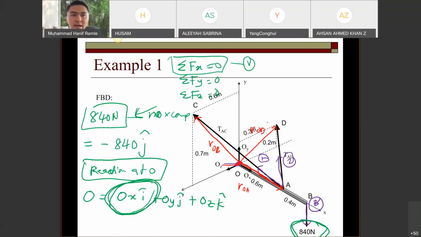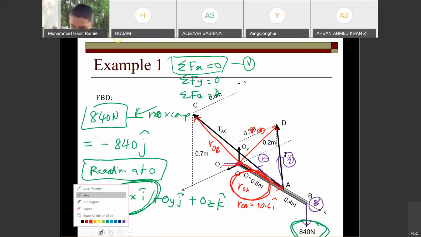But again, as I reminded you last time, you have to choose the simplest R. In this case, the simpler R is located here. You choose 0.6, just positive 0.6 i.